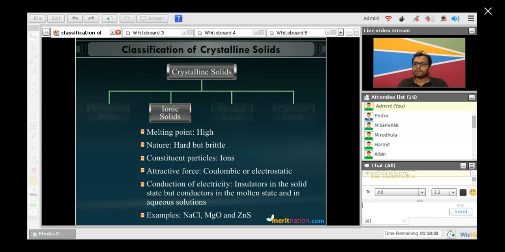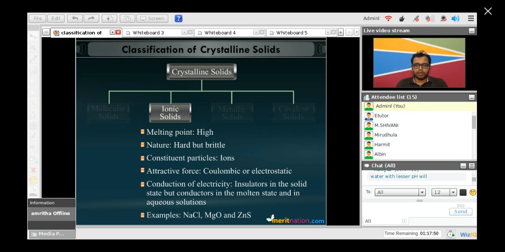If we talk about pure water, it won't be capable of conducting electricity. Pure water won't conduct electricity. It conducts electricity only because of the presence of some ions inside the water.